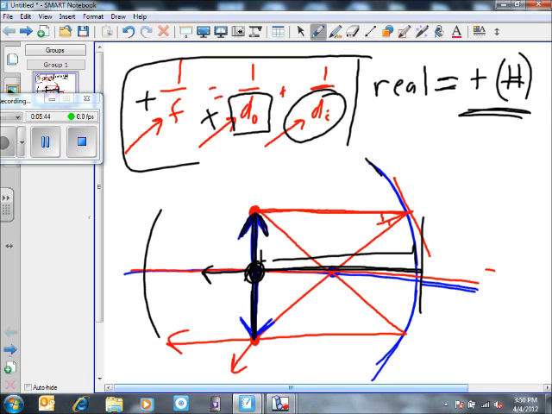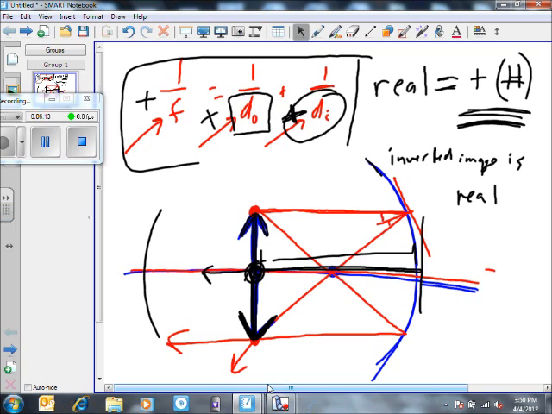The one thing you have to remember is if the image is inverted, and you've done your ray tracing correctly, then it's real. So an inverted image is real, and therefore the image number here would be positive in this case as well.